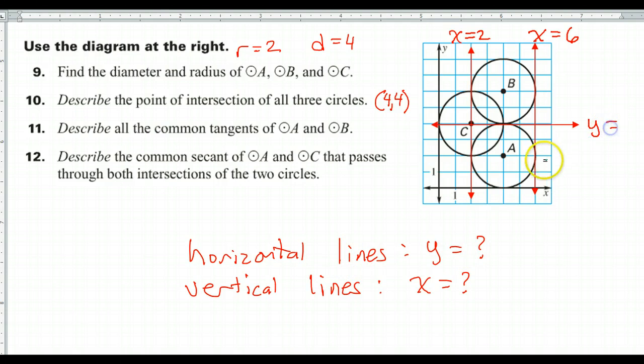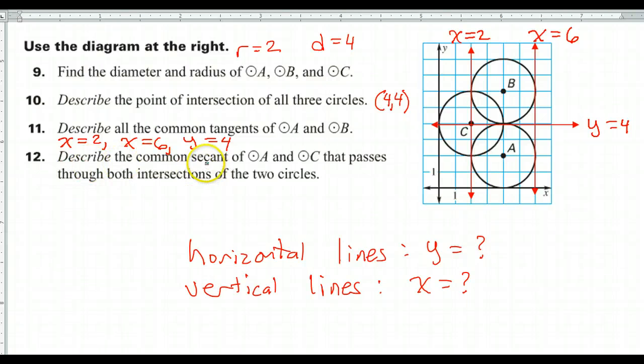So that'll be y equals 4. So when they just say describe all the common tangents, we really just need to list these things out. Okay, so we're just going to say x equals 2, x equals 6, and y equals 4. Those are all the common tangents.